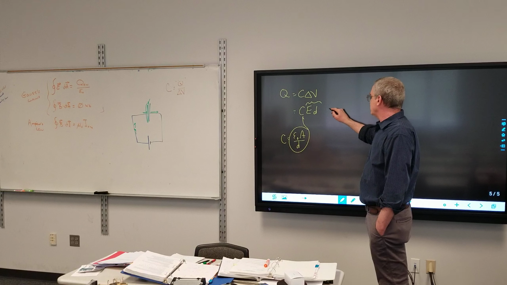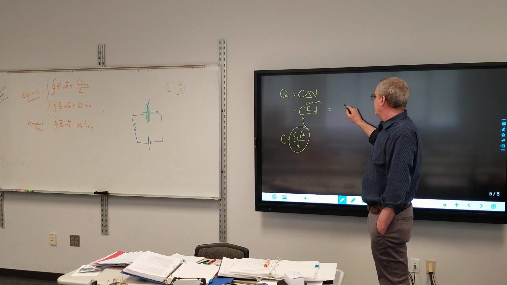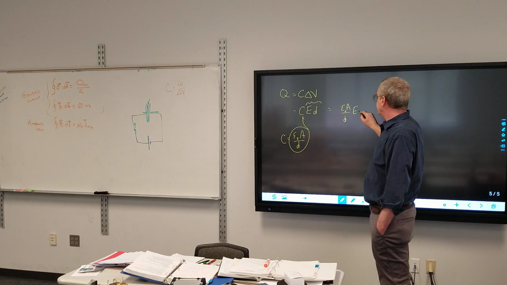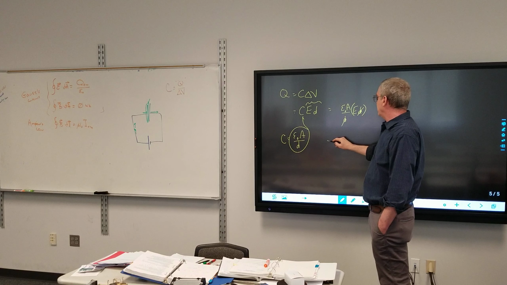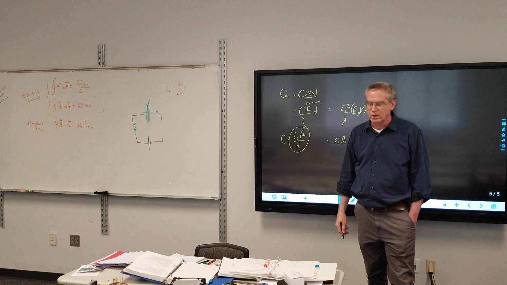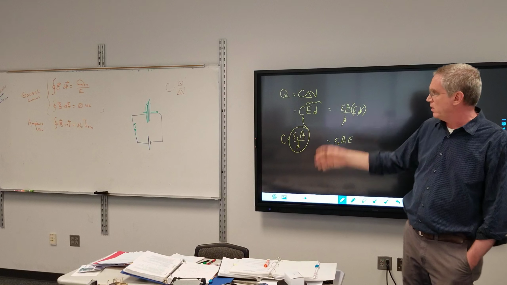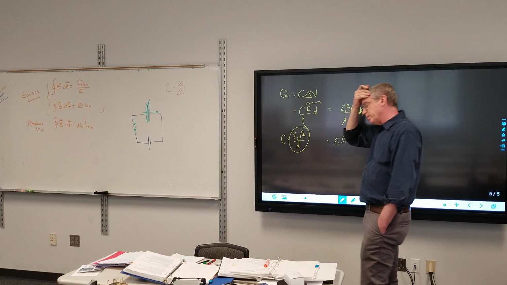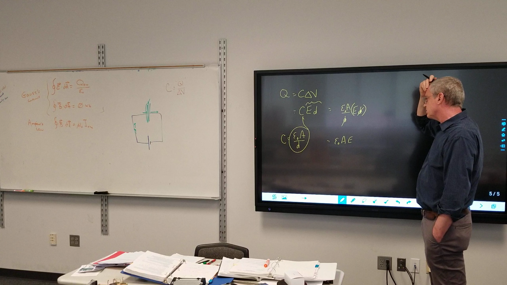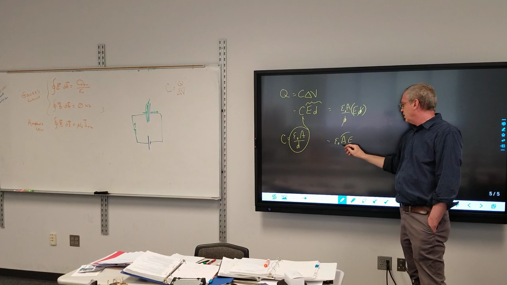And so my charge is going to be epsilon naught A over D times E D. The D's cancel out, and I'm left with epsilon naught A times E, where A is the area of the plate, the surface area of the broad side of the plate.